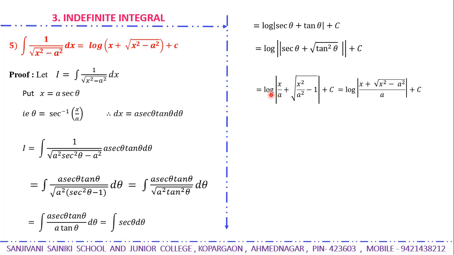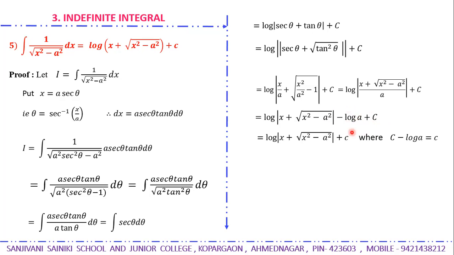So log of x by a plus root x square upon a square minus 1. After simplifying you will get log of x plus root x square minus a square minus log a plus c. But this minus log a plus c I can write as c, where c is c minus log of a. So the integral of 1 upon root x square minus a square dx is log of modulus of x plus root x square minus a square plus c.